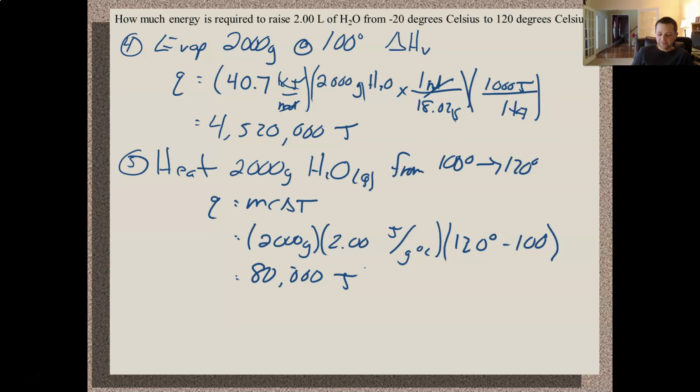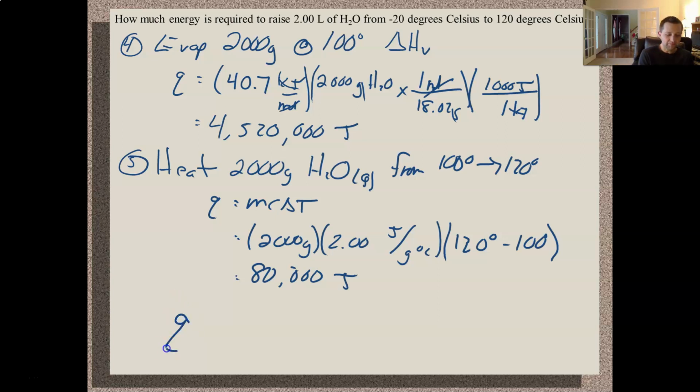So we have to finally add all these up and see what we end up with. Once we do that, we have our total process of going from negative 20 degrees Celsius to 120 degrees Celsius to figure out how much energy the whole process takes.